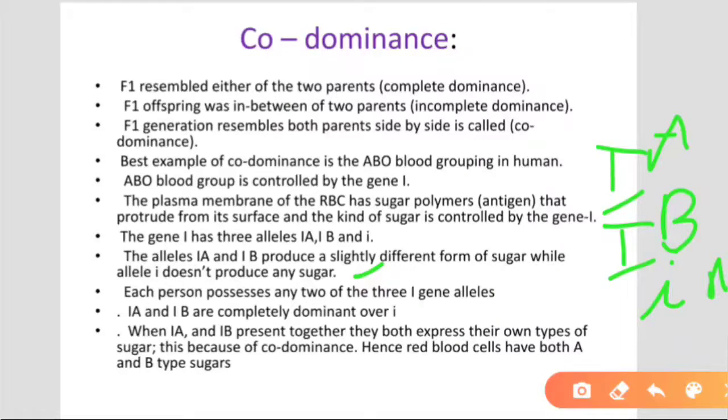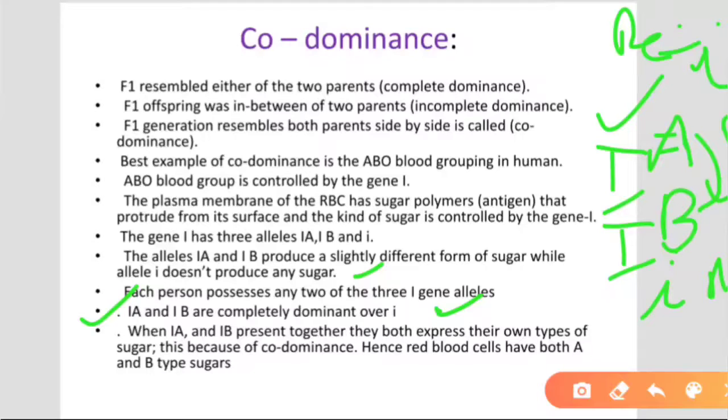Each person possesses any two of the three I gene alleles. IA and IB are completely dominant over small i. That means we can say IA and IB are dominant, but small i is recessive.